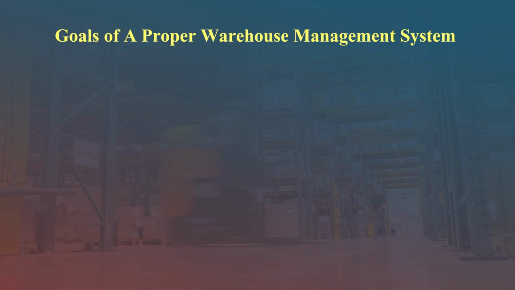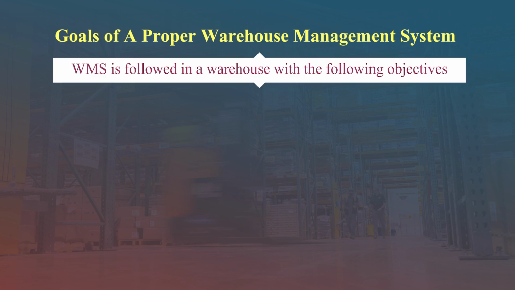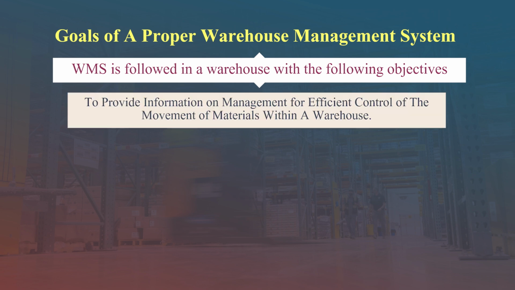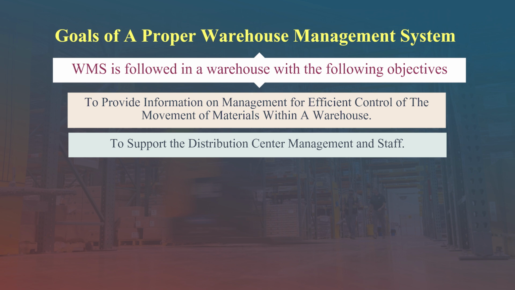Goals of a proper warehouse management system. WMS is followed in a warehouse with the following objectives. First, to provide information to management for efficient control of the movement of materials within a warehouse. Second, to support the distribution center management and staff.